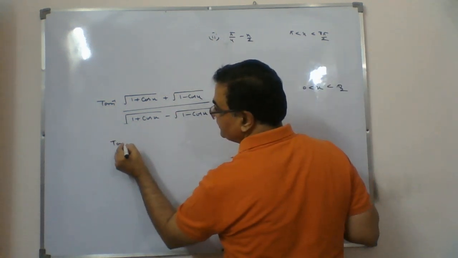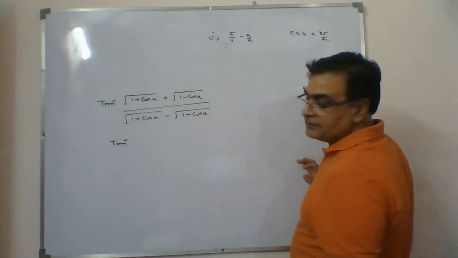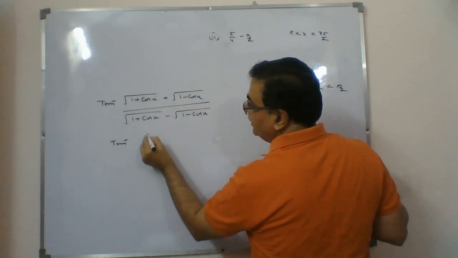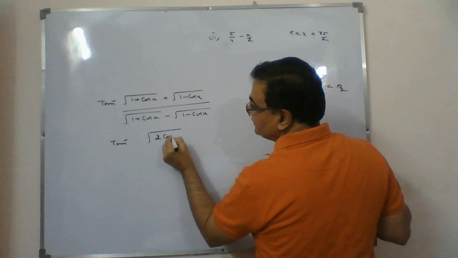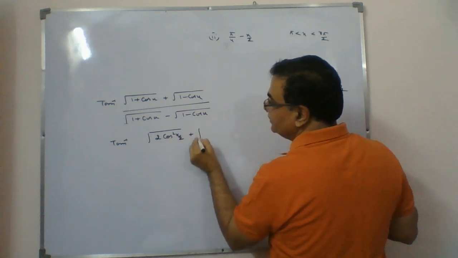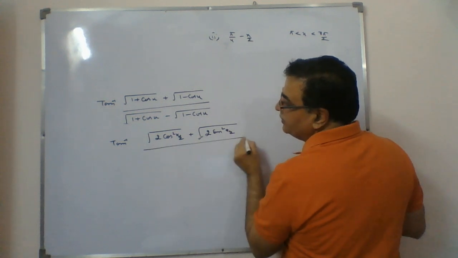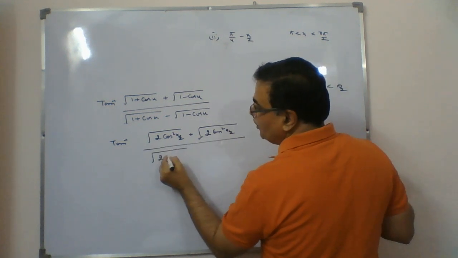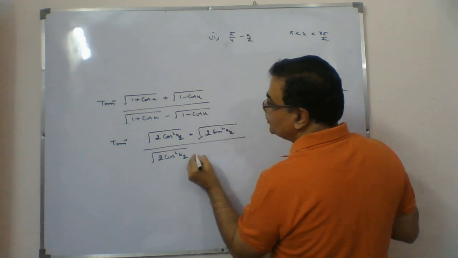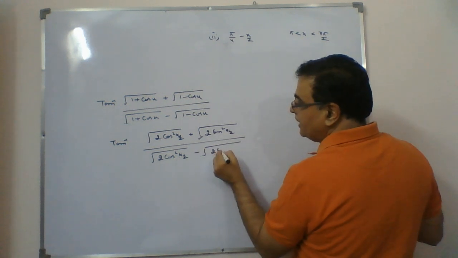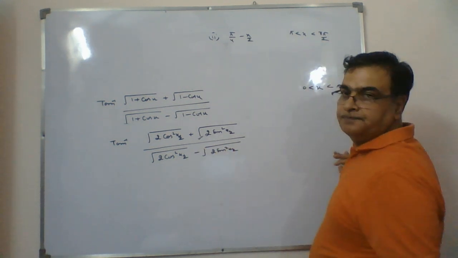Tan inverse. Under root 1 plus cos x comes out to be under root of 2 cos square x by 2. This will come out to be 2 sine square x by 2. Same way, 1 minus cos x will come out to be 2 sine square x by 2.